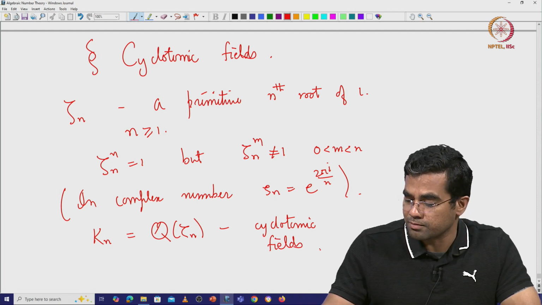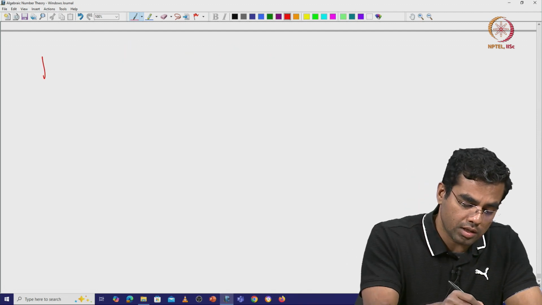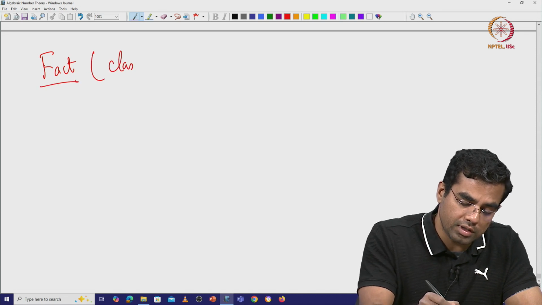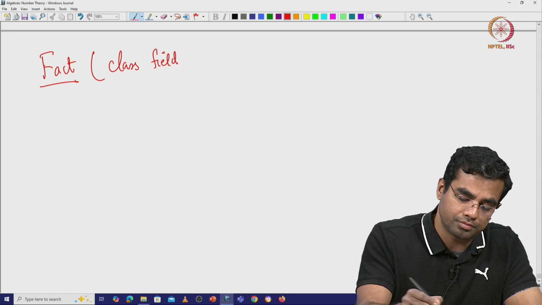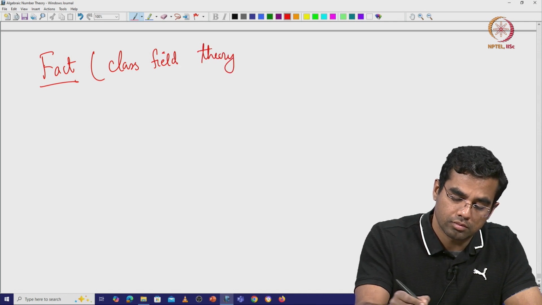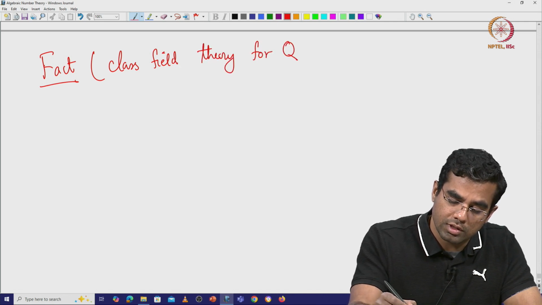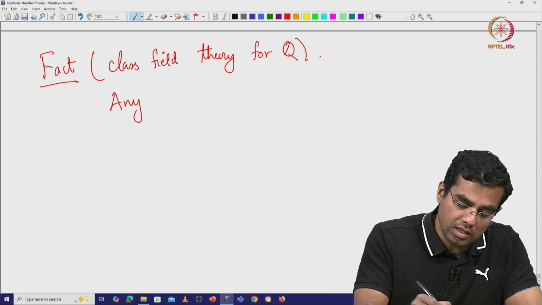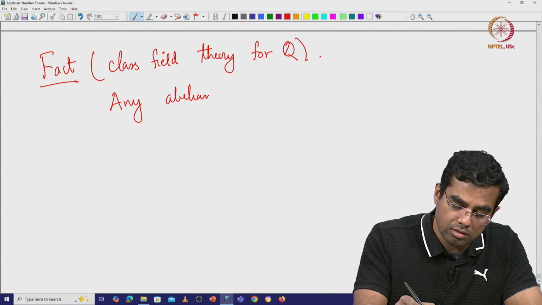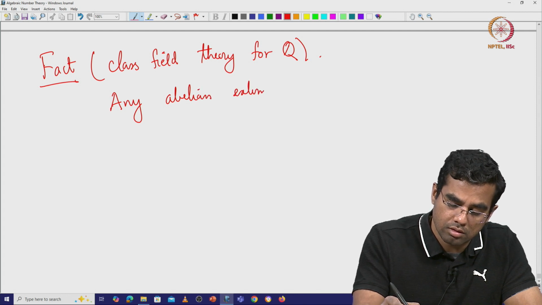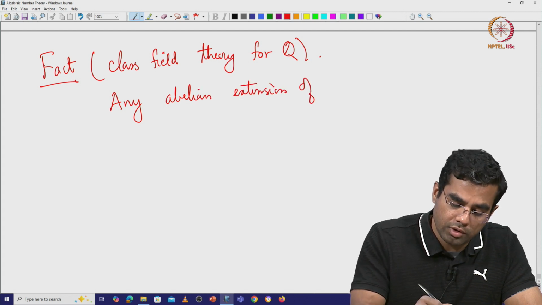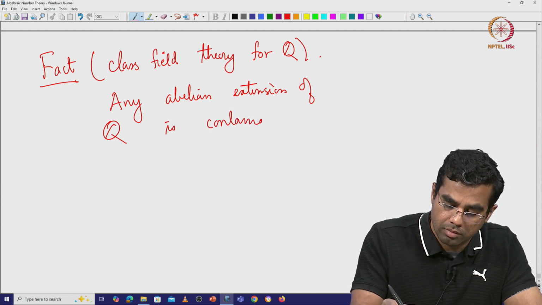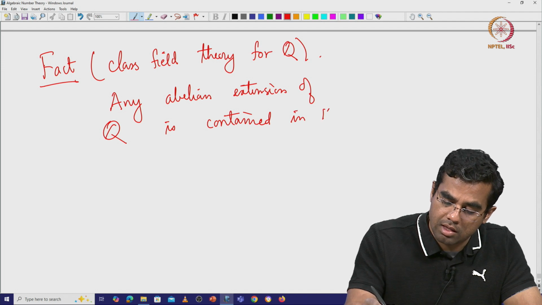And let me write down some facts that I said orally at the beginning. This is not in this course; this is more or less class field theory for Q. Of course, class field theory has a few more ingredients in it. Any abelian extension of Q is contained in K_n for some n.